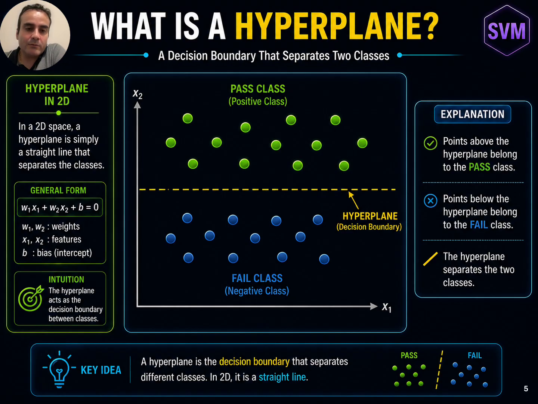The mathematical form of the hyperplane is shown on the left side of the slide. The coefficients represent feature weights, and the bias term controls the location of the boundary. Although the figure shows a two-dimensional example, the same concept can be extended to higher dimensions. In three dimensions, the boundary becomes a plane, and in higher dimensions, it becomes a hyperplane.